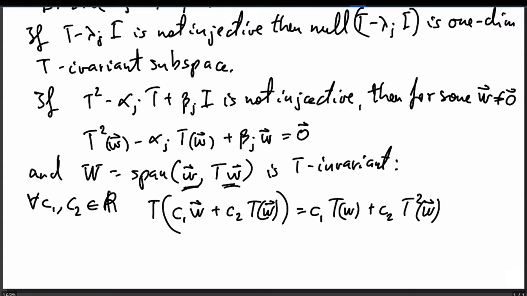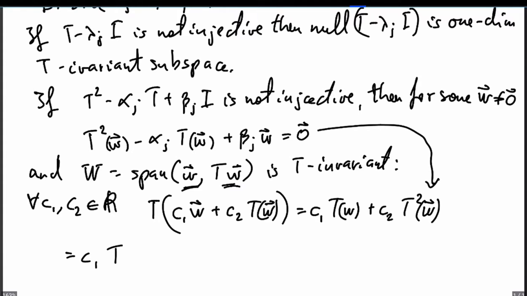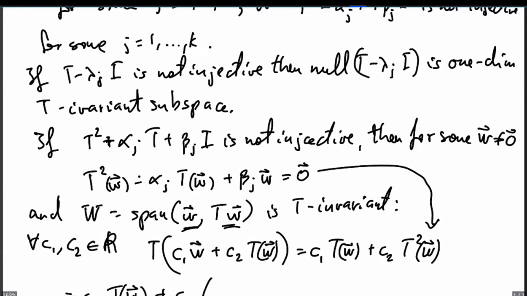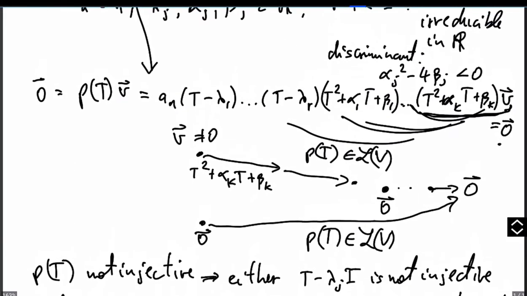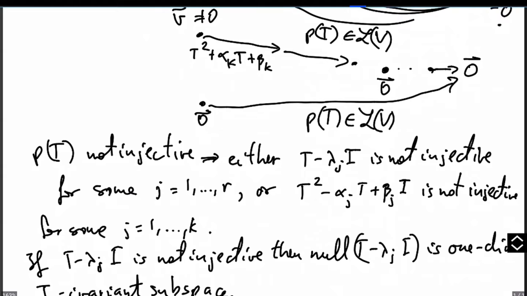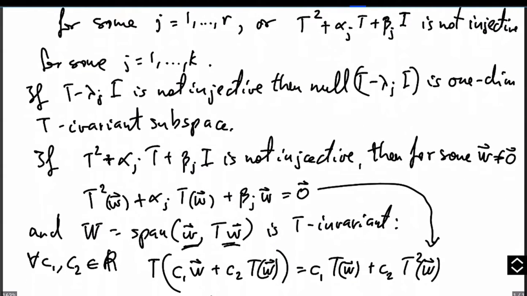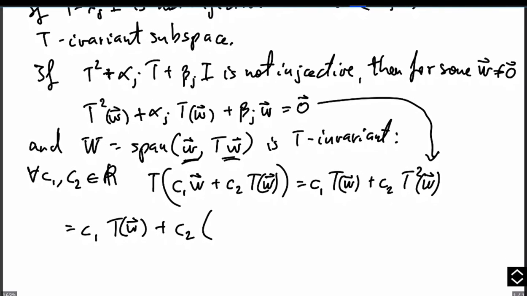So c1 t w is already in W, and for c2 t squared w, what we can do is solve this for t squared w. Rearranging this, I made a small mistake, this was supposed to be plus, although it doesn't really matter, the notation. The point is that it's irreducible.